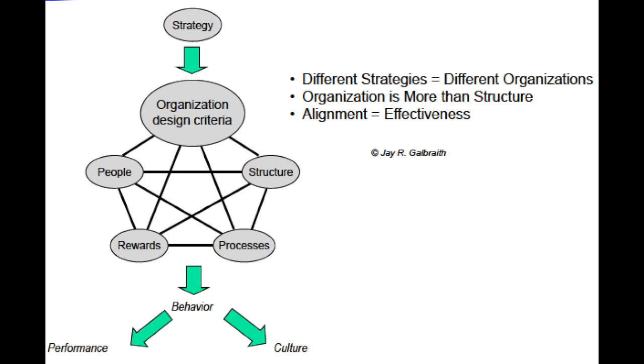But one of the things that emerges out of the way in which those things are aligned is behavior. People's behavior is shaped by the organization structure. I like to say the hardware shapes the software, in this case people's behavior.